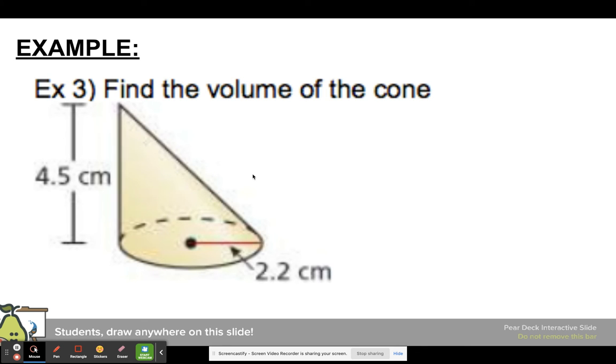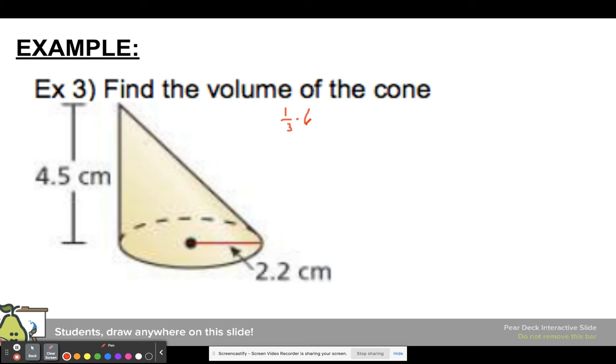So given that, we have this cone here. Looking at the image, we are given our radius and we are given the height of the cone itself. So this one shouldn't be too difficult. We're going to get, again, going back to the equation, 1/3 times the area of the base.